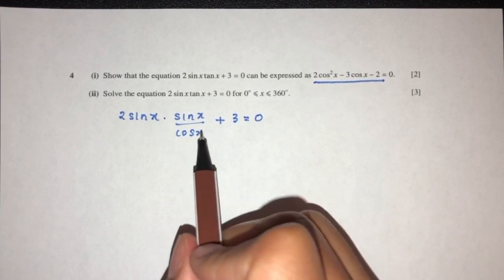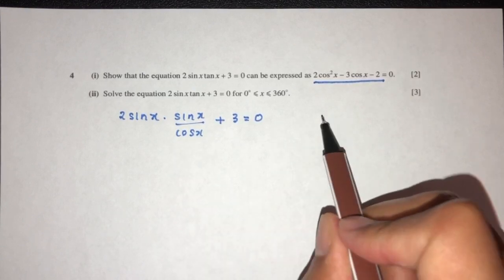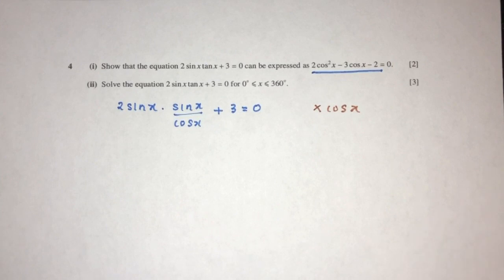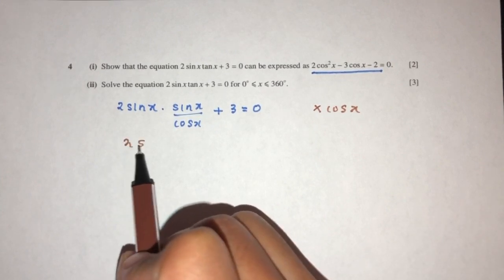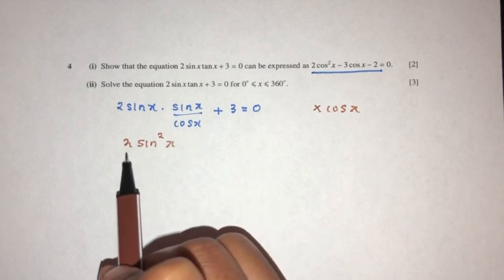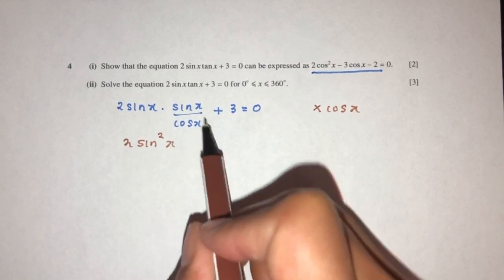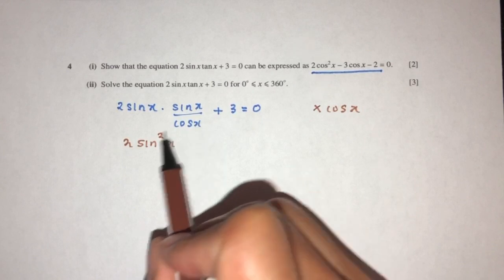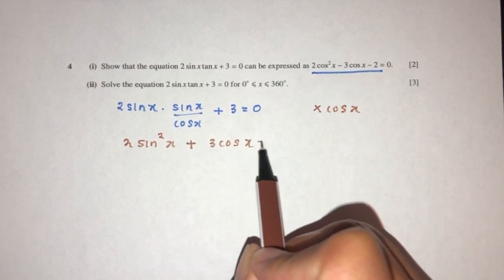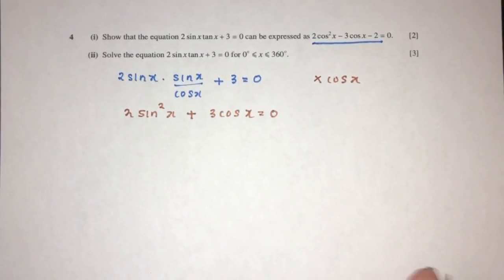Now, to cancel out the denominator, I can multiply by cos x everywhere. So I can remove the denominator. You'll have 2 sine square x, because we have sin x times sin x. Now obviously this will go away, because when you multiply by this everywhere, this will cancel out. And here we have plus 3 cos x have to be 0. Now simplify.